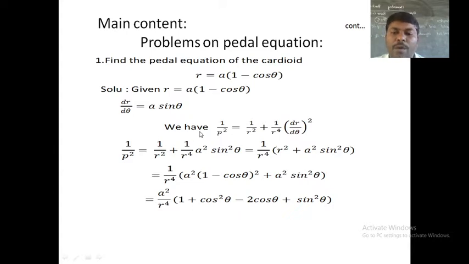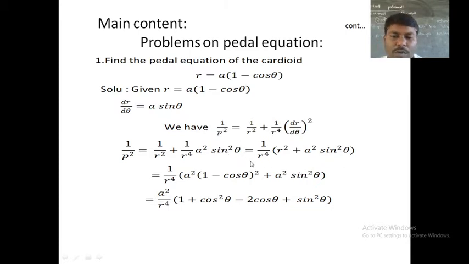Next we have the pedal equation 1 by p square is equal to 1 by r square plus 1 by r raised to 4 into dr by d theta whole square. Here dr by d theta is a sin theta, so we get a square sin square theta.